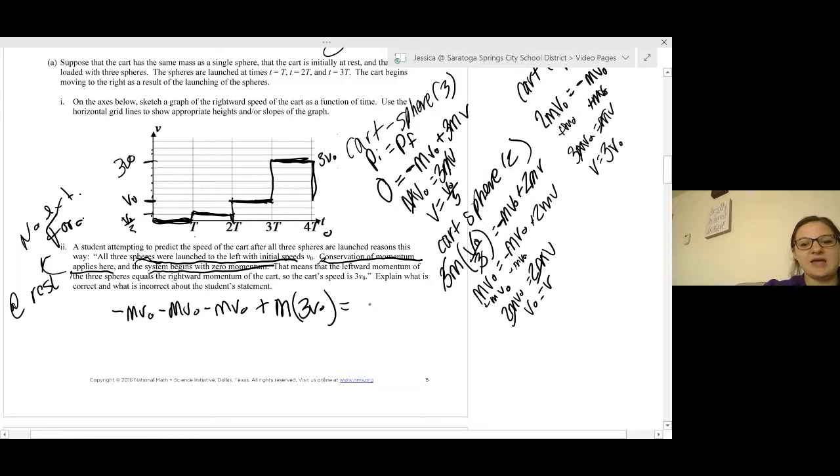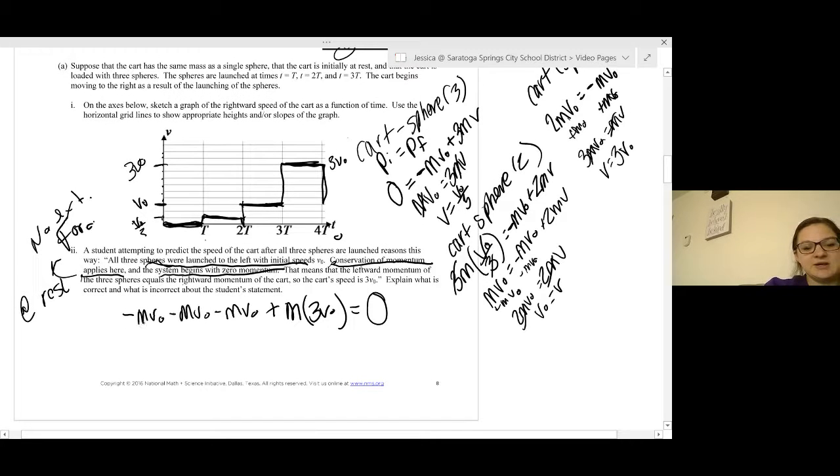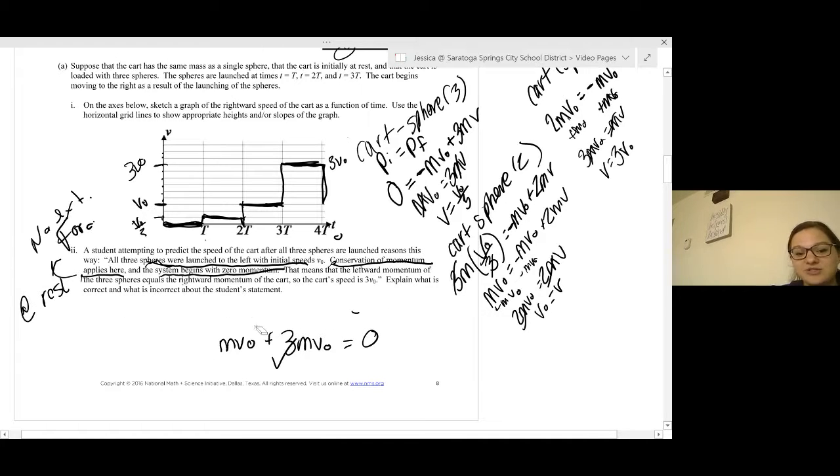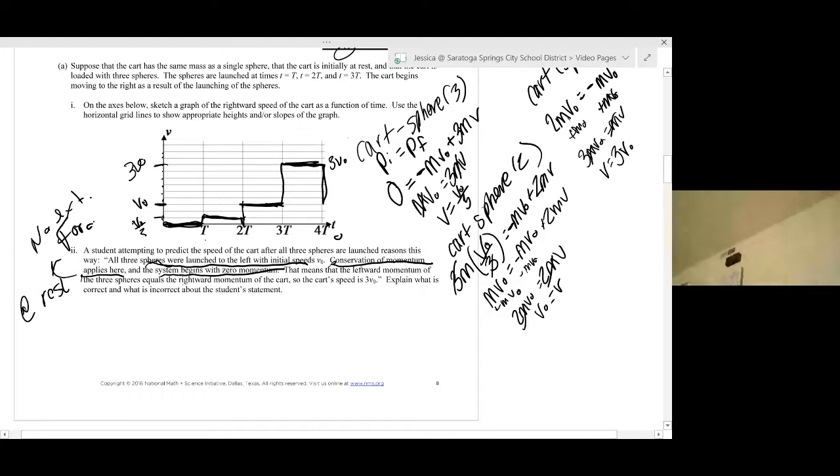And in order to conserve momentum, that whole equation must equal 0. So let's see. Negative 3 mv0 plus 3 mv0. Oh, well, that does in fact equal 0. So actually everything about the student's explanation is correct.